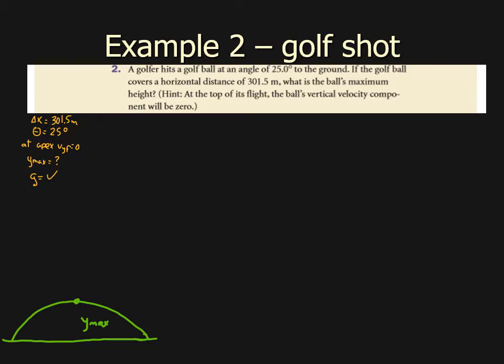Now, there's an interesting hint here, and it's good to remember this: when some object is at the apex, at the very top, at the maximum height of its trip, you can make some assumptions. One major assumption is that the final y velocity, the final vertical velocity, at that moment is 0. There is no up and down vertical motion, so it's only horizontal velocity.